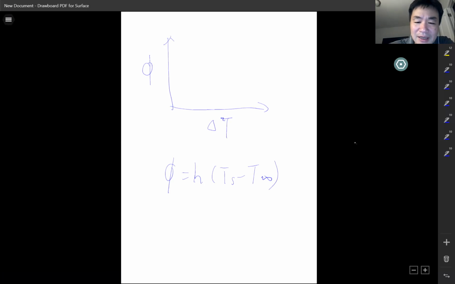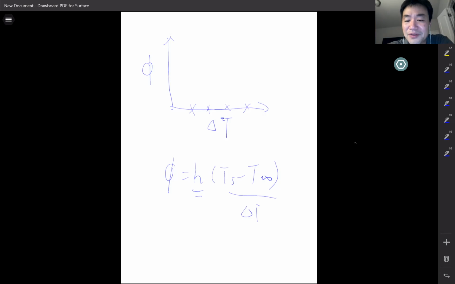This is the slope, right? And this is the ΔT. You will pick four different ΔTs. It's easy, right? T infinity, the ambient temperature, doesn't change. So you can switch the voltage to change the surface temperature.